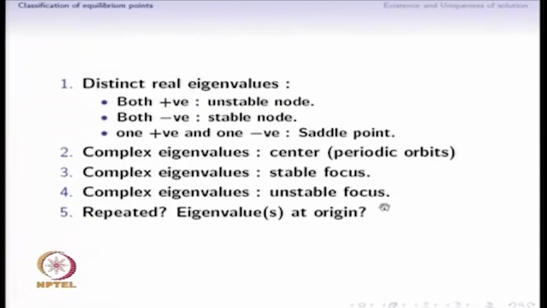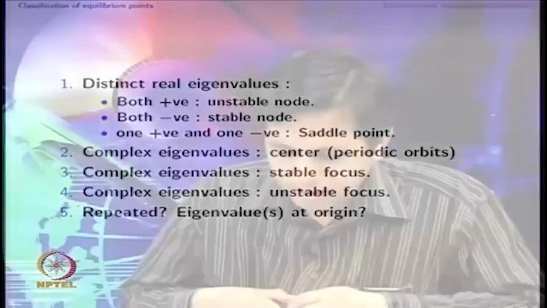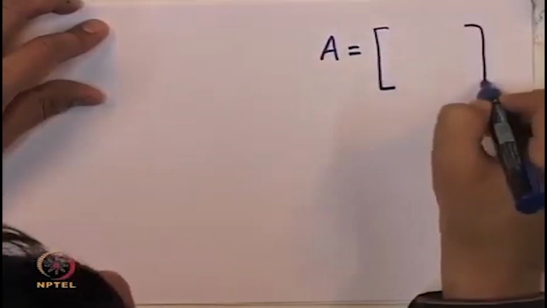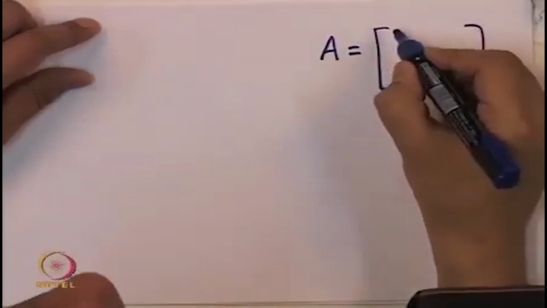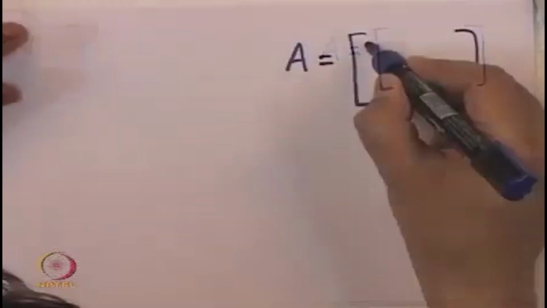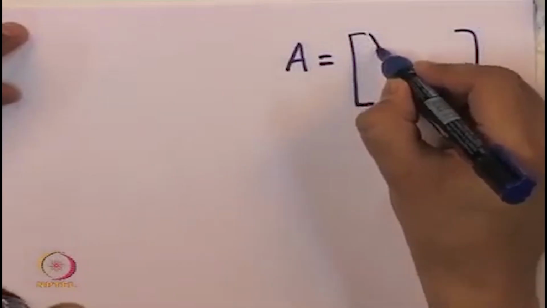Now the last situation that remains to be seen is when there are repeated eigenvalues, and also the situation when one or more eigenvalues are at the origin. Coming back to the matrix A, when there are repeated eigenvalues, the matrix A may or may not be diagonalizable. Suppose we have a repeated eigenvalue lambda 1.